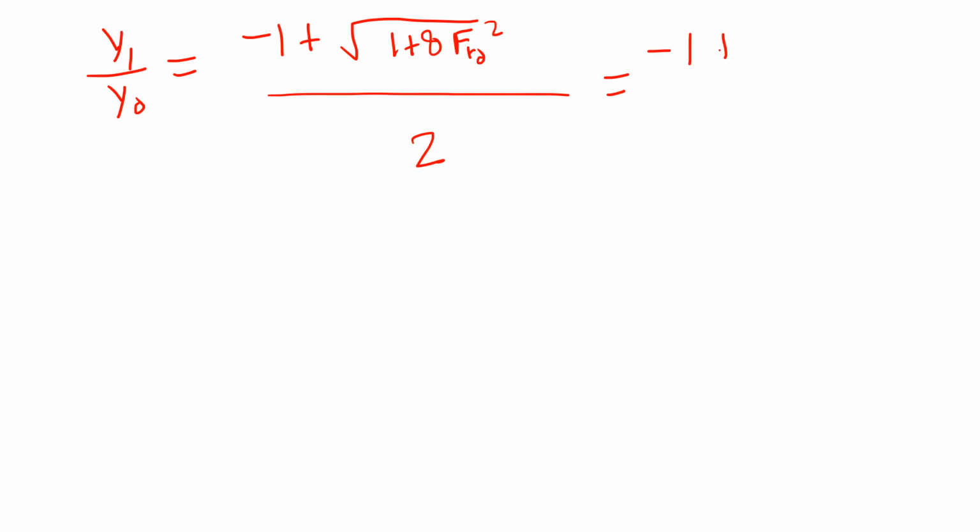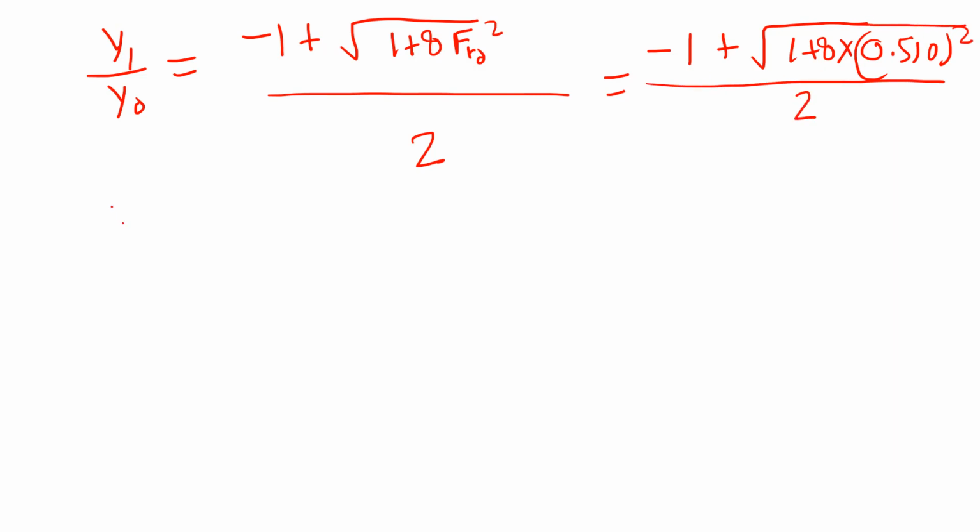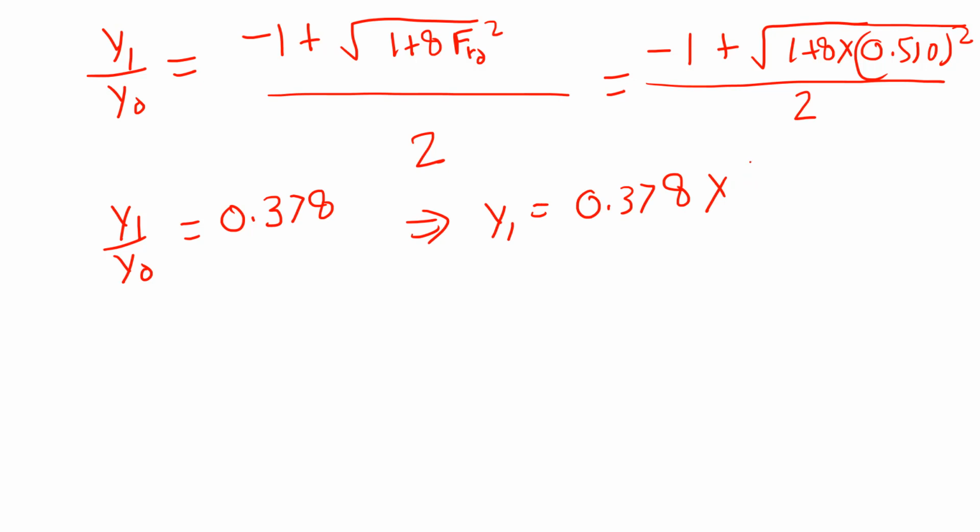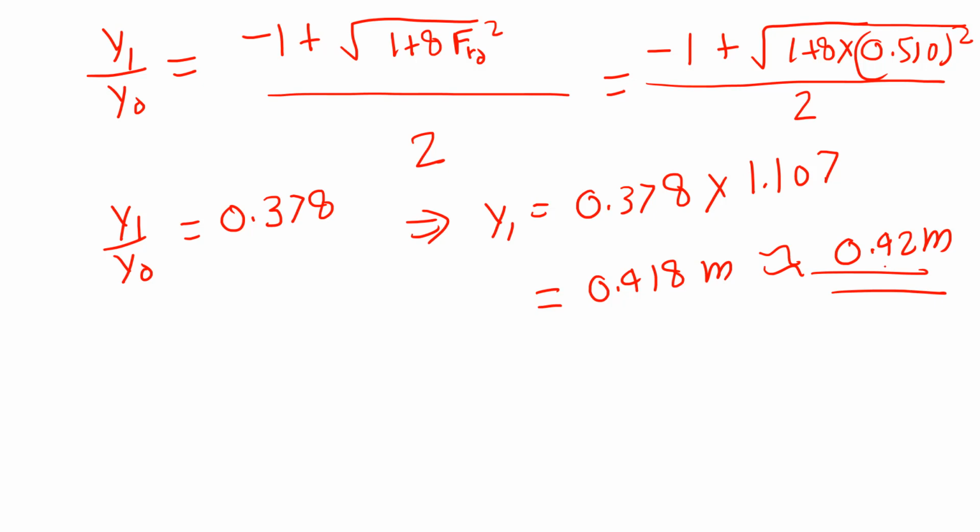So we have these values: minus 1 plus under root 1 plus 8 times 0.510 whole square, divided by 2, which gives us the value of Y1 by Y0 as 0.378. So Y1 would be equal to 0.378 times 1.107, which comes out to be 0.418 meter. Rounded off to 2 decimal places, it will be 0.42 meter. So 0.42 meter would be the correct answer for this question.